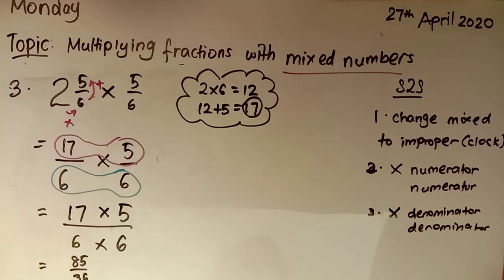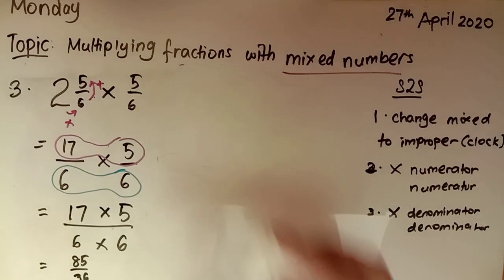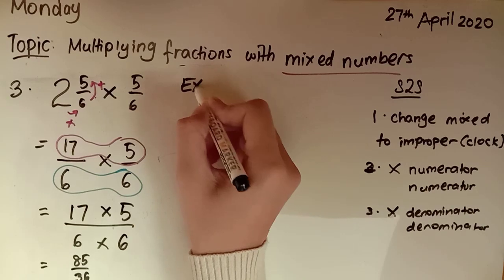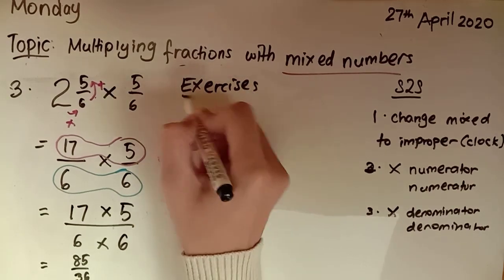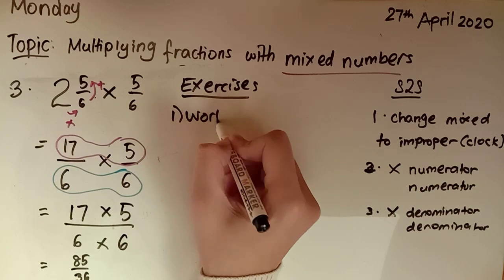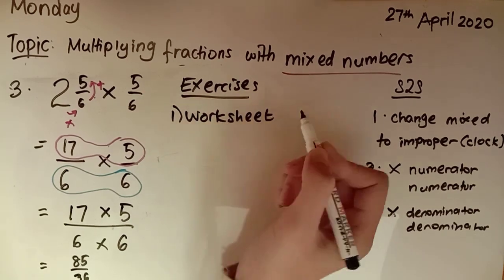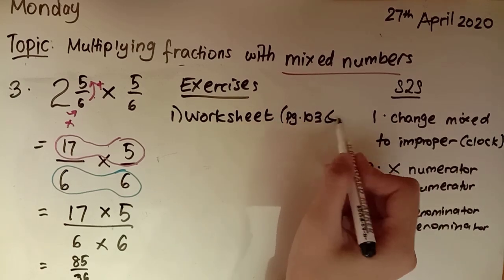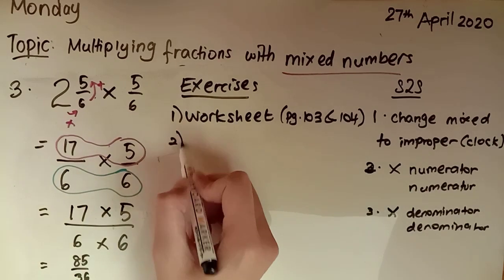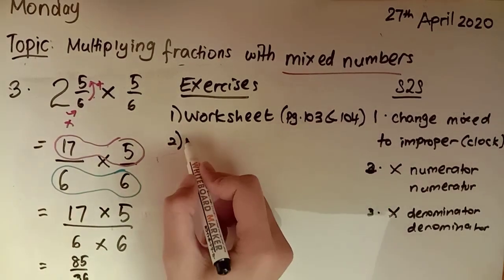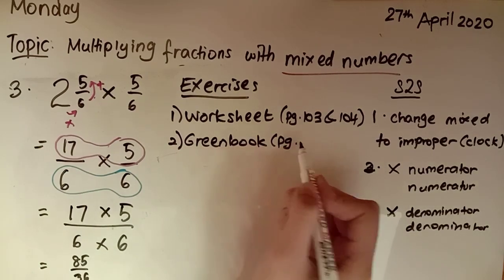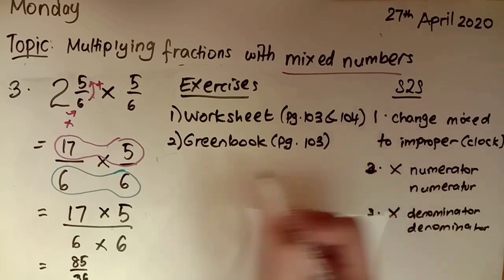Alright, so for today, your exercise would be, you have 3 pages of exercises. 2 pages yang teacher bagi are your learning pack, teacher staple together with the notes. That one is page 103 and 104. After you have done this, you can do green book page 103.